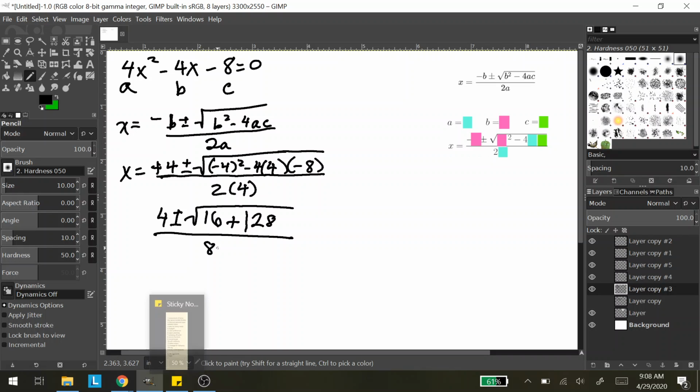I made my sticky notes, thanks. 16 plus 128 is 144.